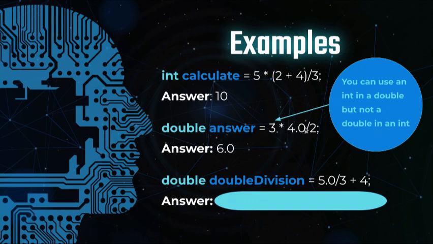Because as long as one of the terms that's being divided is a double, your answer is going to be a double. If both your terms are, say, integers, then you're just going to return an int. But in this case, one of your terms is a double. So it's going to return this value as a double. And this times 3 is just 6. And again, with the whole int thing, you know that this doesn't return any errors.